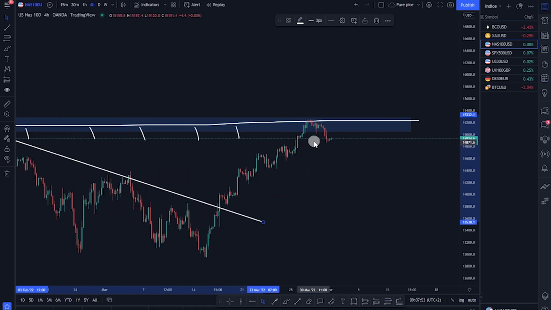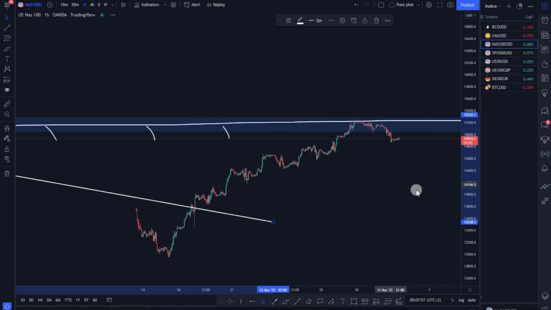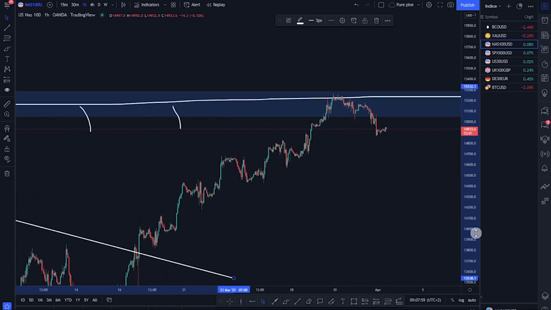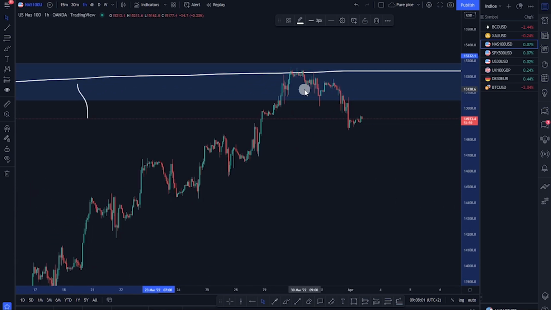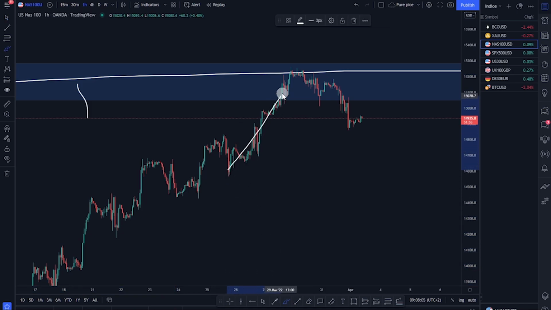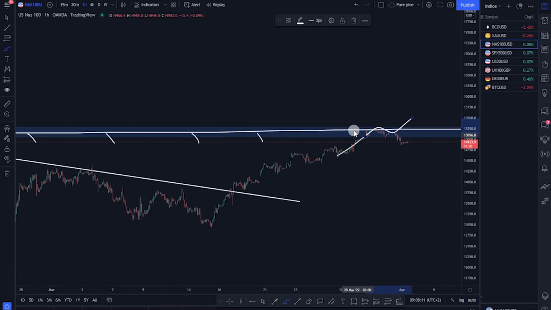So that is why they are here now, demonstrating some kind of resistance, or they are challenging the buyers on what the buyers were trying to do, because the buyers were trying to push aggressively towards this area so that they can break this area and now make this zone their territory going all the way up.